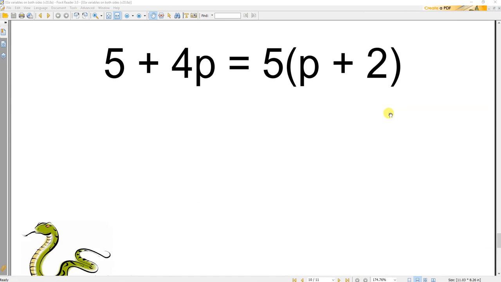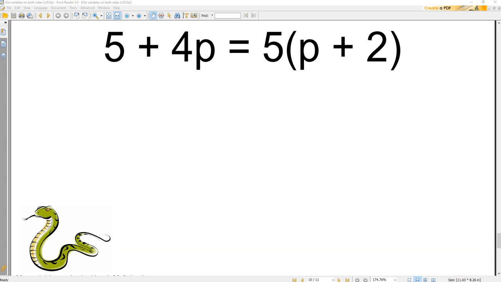Okay, a little distribution on this one. So I'm going to start right here with the distribution step. Let's see. I could subtract 4p from both sides, or I could subtract 5p from both sides.